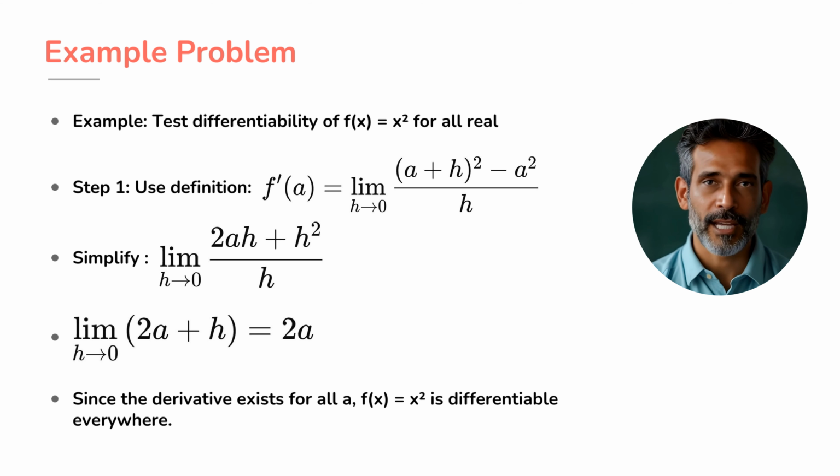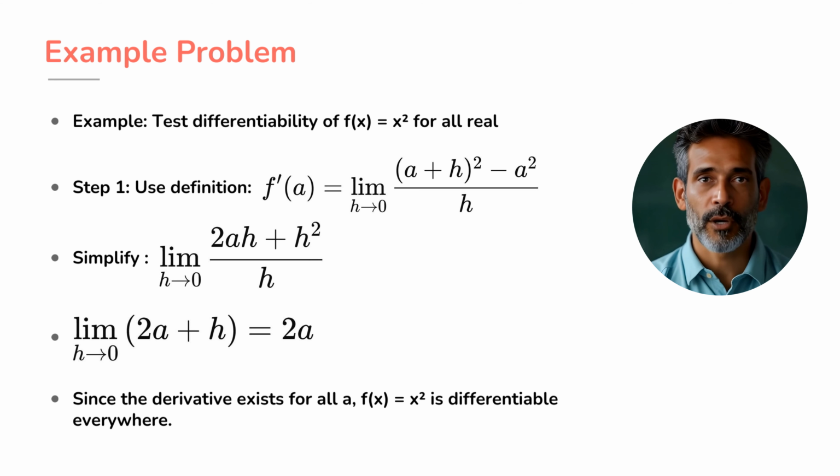Let's test this with an example. Suppose we want to check differentiability of f of x equals x squared for all real numbers. We start with the definition, f dash of a equals limit as h tends to 0 of [f of a plus h minus f of a] divided by h. Substitute: equals limit as h tends to 0 of [(a plus h) squared minus a squared] divided by h.